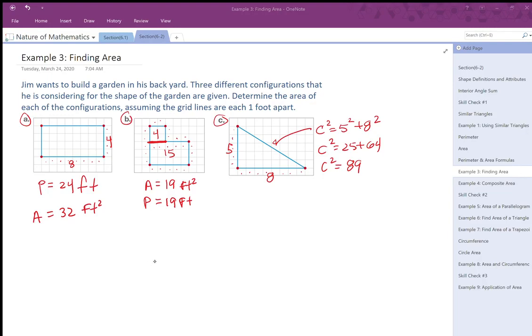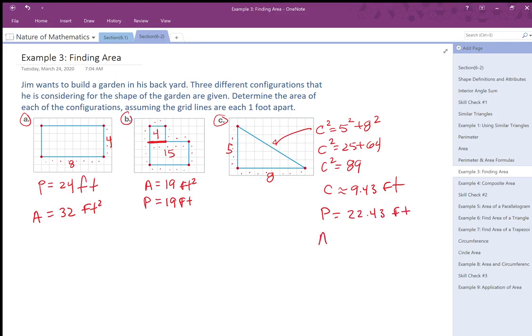Square root of 89 is 9.43. So if we wanted perimeter, it would be 5 plus 8 plus the 9.43. That would be 22.43 feet.